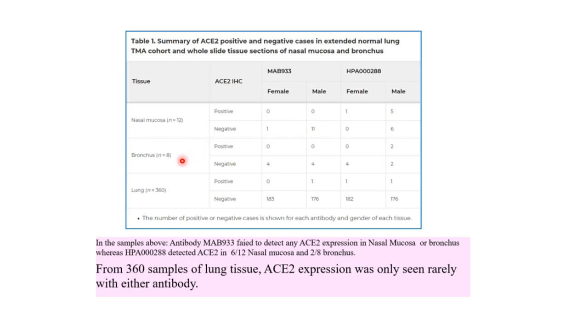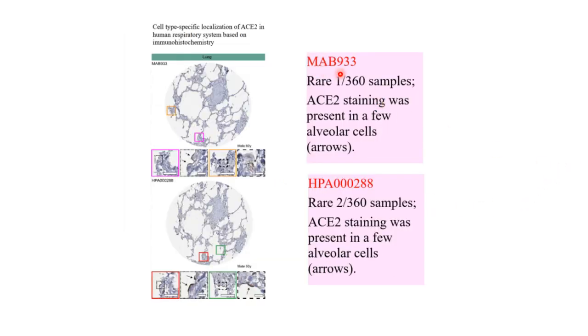And you can also see results for bronchus, 2 positives and 6 negatives here and 8 negatives here. So with MAB933, rarely, 1 out of 360 samples, ACE2 staining was present in a few alveolar cells. With HPA000288, 2 out of 360 samples, ACE2 staining was present again in very few alveolar cells.